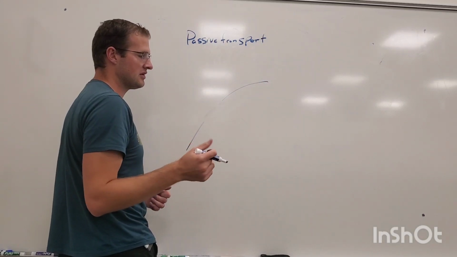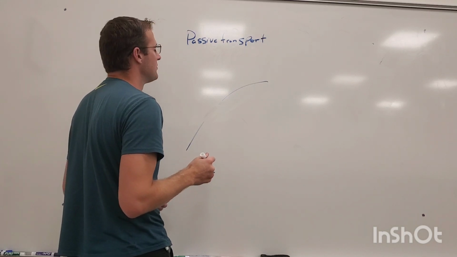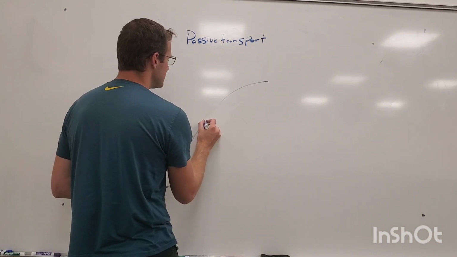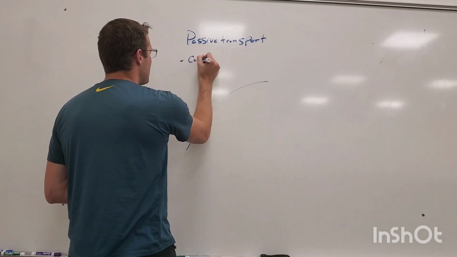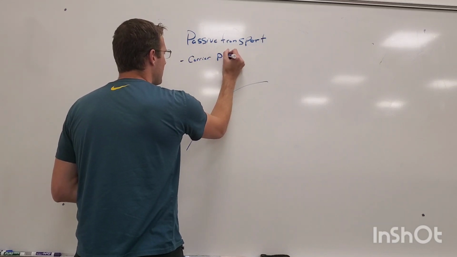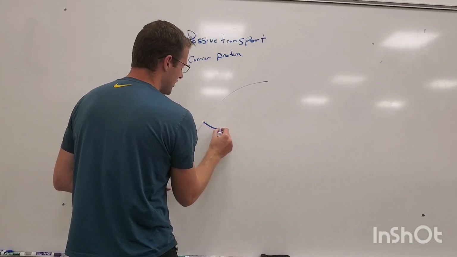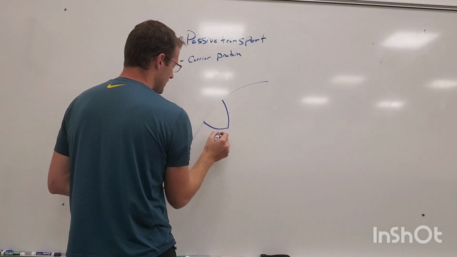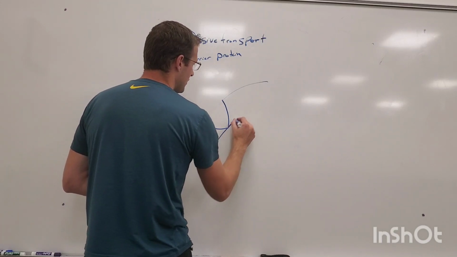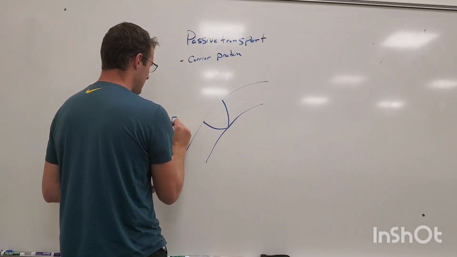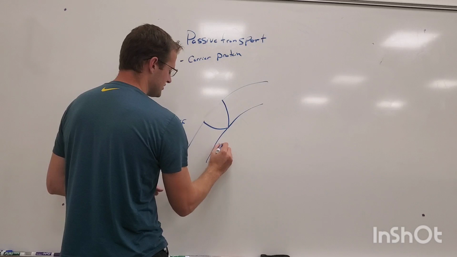Unlike the other channels that we've talked about, this is a carrier protein. And this one is not open all the way through at one time. So if we have a piece of our membrane here, we have our extracellular, our intracellular.